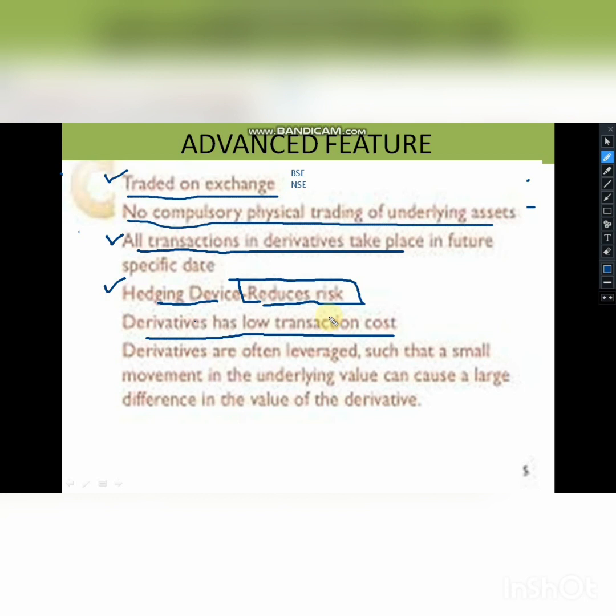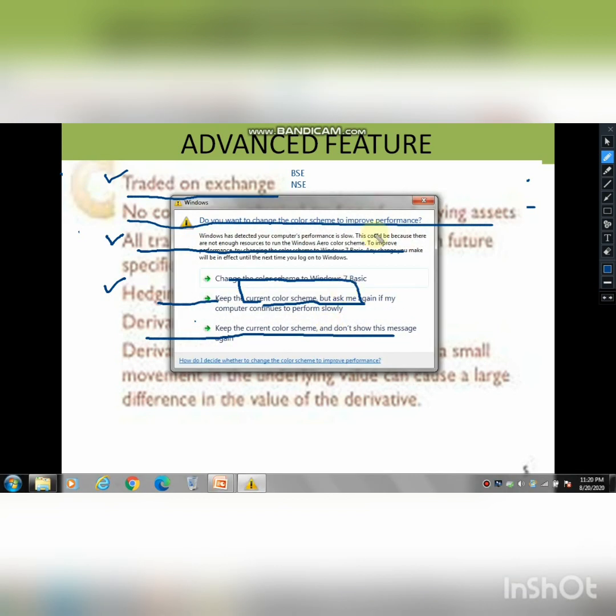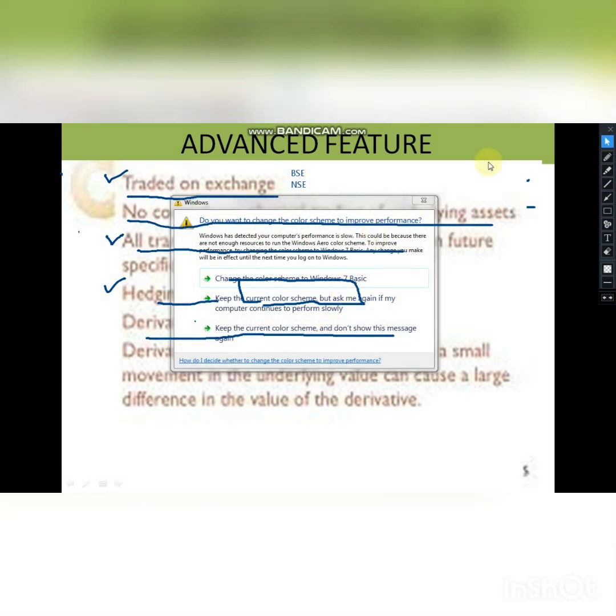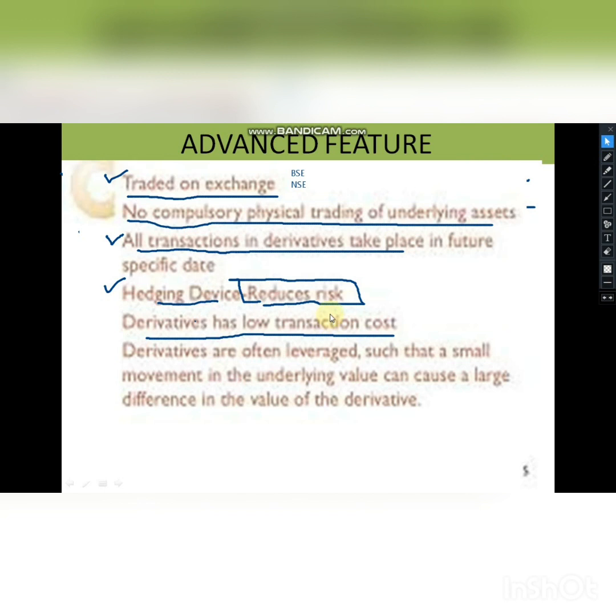So there is no need of physical delivery of anything, and because of not having physical delivery, the transaction cost is very low. The next point we have: derivatives are often leveraged, such that a small movement in the underlying value can cause a difference in the value of the derivative.